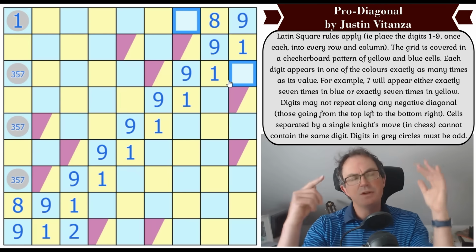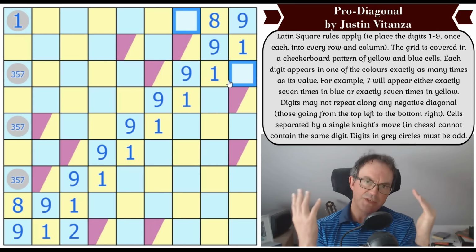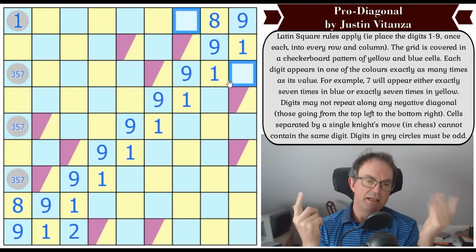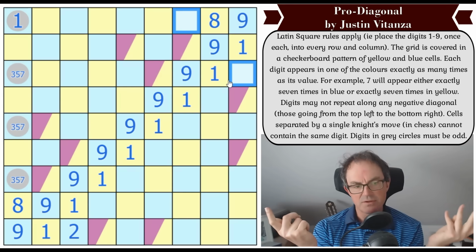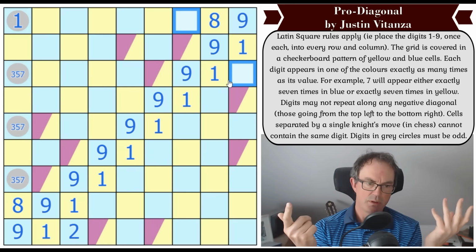Yeah, because 7 and 2 must be the corollary of each other, in the sense that we know 7 is correctly counted by blue, so there are 7 7s in blue, just as there are 7 2s in blue.